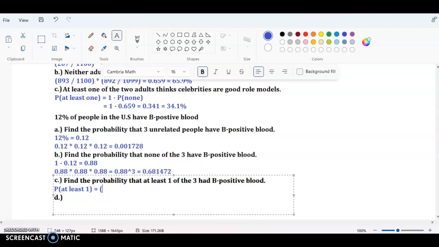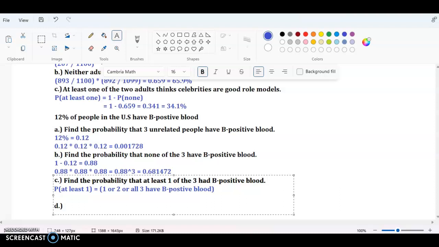So if we have 3 people that we're selecting, at least one means 1 or 2 or all 3 have B positive blood. So if you try to calculate it directly, by calculating 1 or 2 or 3, that can get kind of complicated.